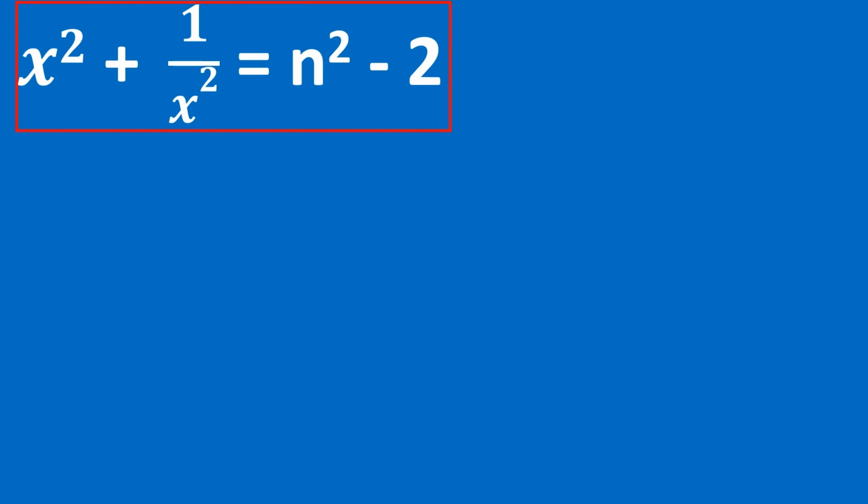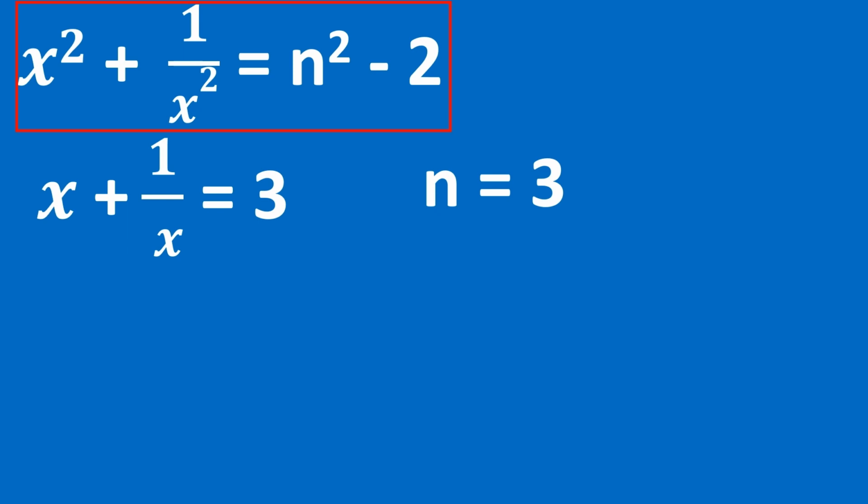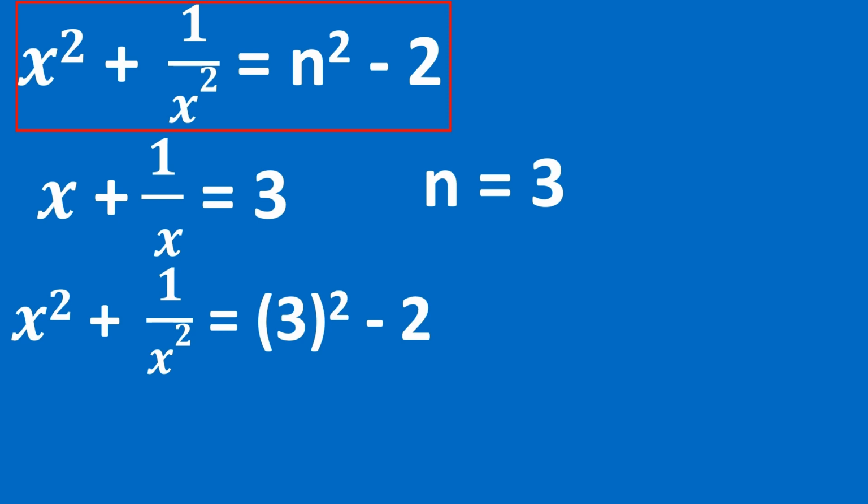So we have successfully found the relationship for x squared plus 1 over x squared, and it is equal to n squared minus 2. Remember, we had x plus 1 over x is equal to 3, and we did establish that n is equal to 3. Therefore, if we substitute the value of n equals 3 in the above equation, it simplifies to x squared plus 1 over x squared is equal to 3 squared minus 2.